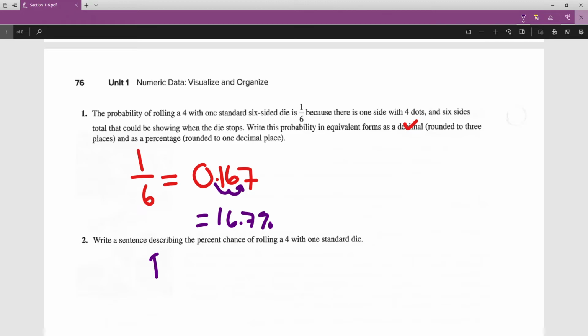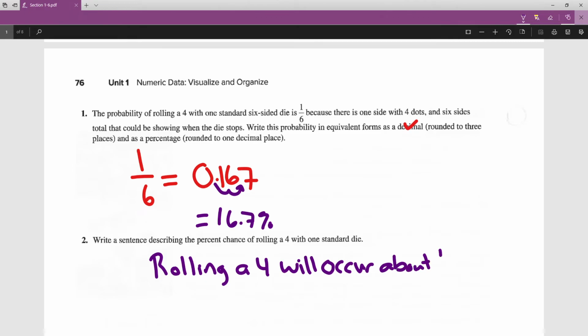So we could say rolling a 4 will occur about 16.7% of the time.